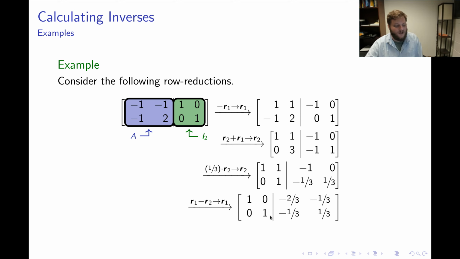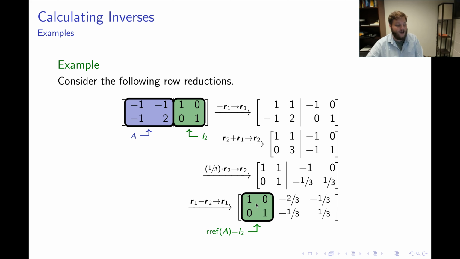So what has happened? Well, I've taken my original A and augmented with the 2 by 2 identity matrix, and I've row reduced, and now I've reached the reduced row echelon form of A on the left here. And importantly, the reduced row echelon form of A on the left here is the 2 by 2 identity matrix.